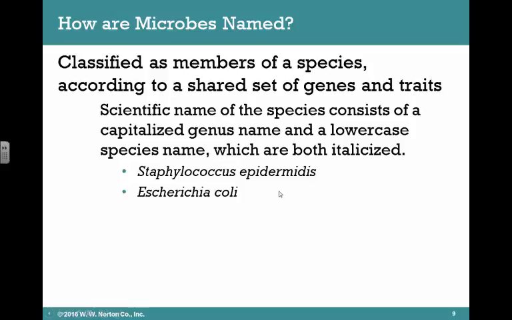The names are always written with the genus name capitalized and the species name lowercase, and always in italics or underlined. We can abbreviate the genus name, but we never abbreviate the species name. So Escherichia coli would be E. coli, more familiar.